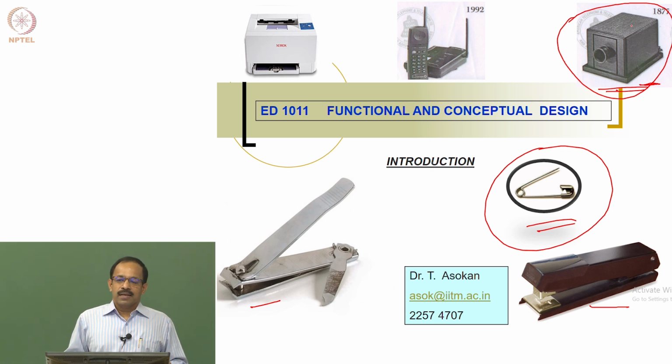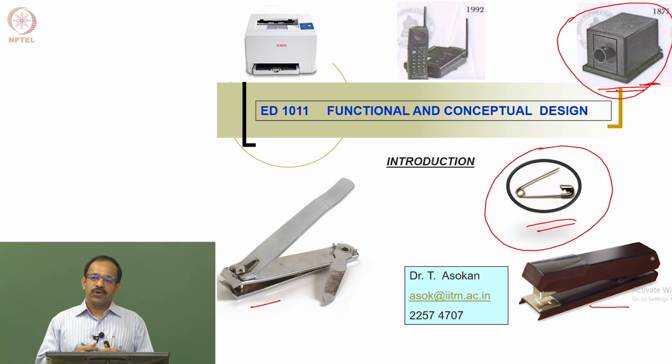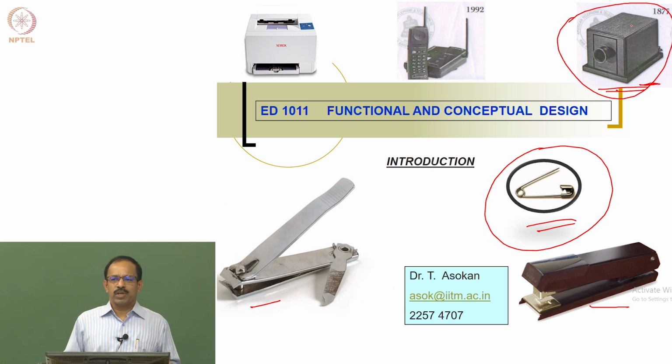But then people started working on it. They came up with better design, better functionalities, and many things. In the case of the safety pin, nobody could come up with a better, simpler design which will meet the same purpose of its use, right?